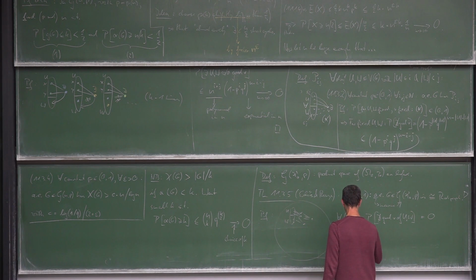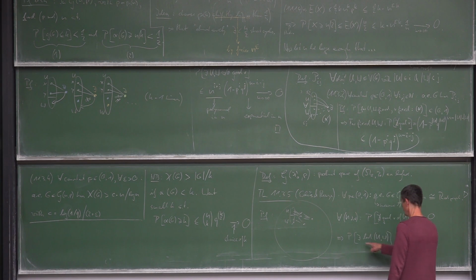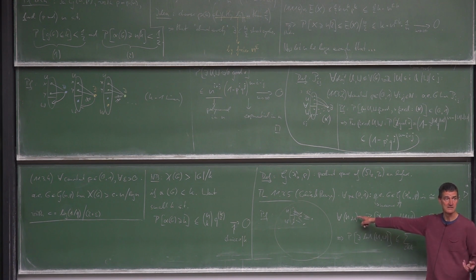So the probability that there exists a bad pair UW is at most a countable sum, namely the sum of all those possible candidates, sum of all those finite set pairs.